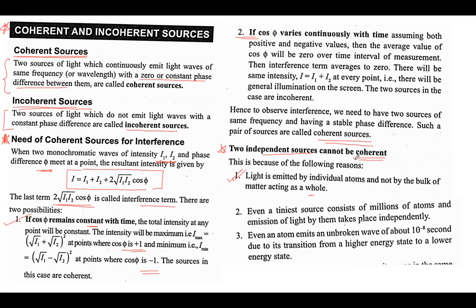Even the tiniest source consists of millions of atoms, and emission of light by them takes place independently. Even an atom emits an unbroken wave of about 10 to the power minus 8 second due to its transition from a higher energy state to a lower energy state.